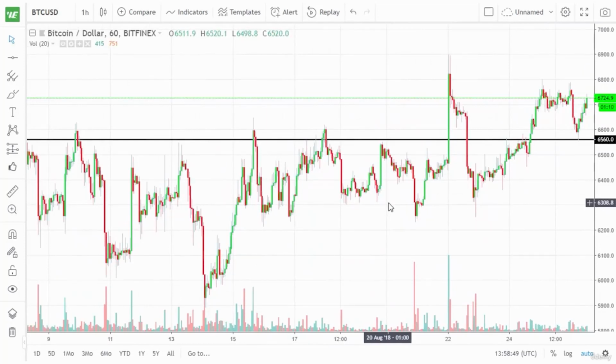There's something called market memory. The reason for that is that you have all of these sellers in this area time and time again. Eventually, they get blown out. So now you have a lot of people who have been shorting Bitcoin at 6,560. It goes underneath, they get blown out again.